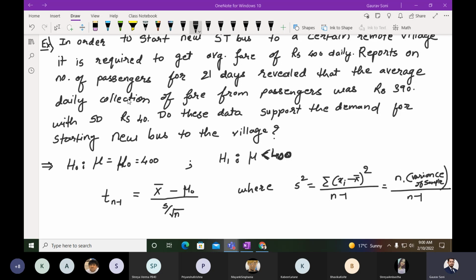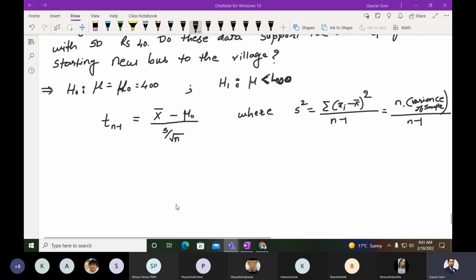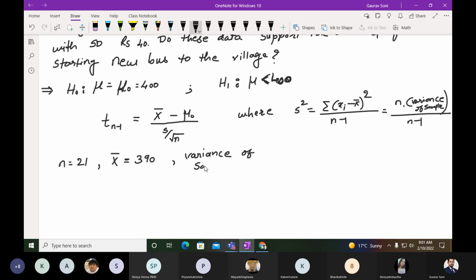What is the sample size? 21 days. So let me write down all the details. N is equal to 21. X bar, the mean of the sample, is 390.